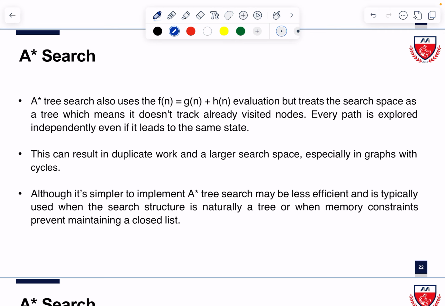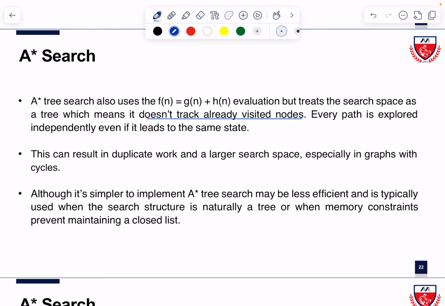A-star tree search also uses f of n equals g of n plus the heuristic h of n evaluations, but it treats the search space as a tree, which means that it doesn't track already visited nodes. Every path is explored independently even if it leads to the same state.